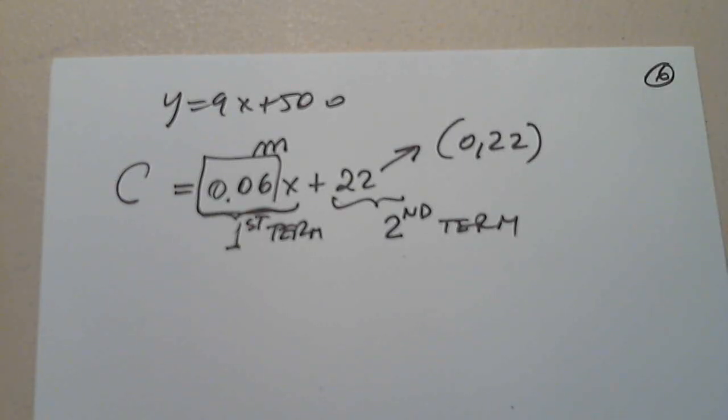What is the cost of renting the truck if the truck is driven 194 miles? Okay, so please remember what we did before. Please, please, please, I cannot beg you enough. Go to y equals, clear. 0.06x plus 22.